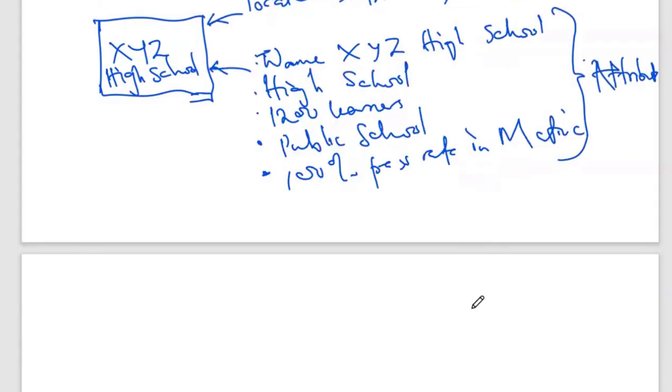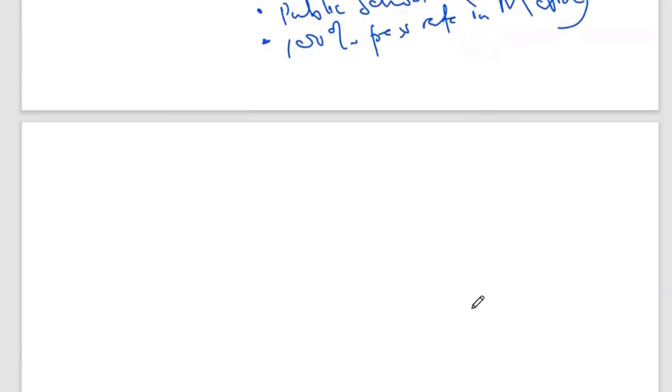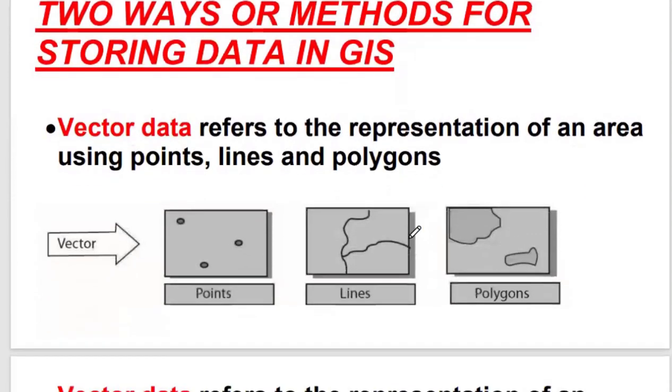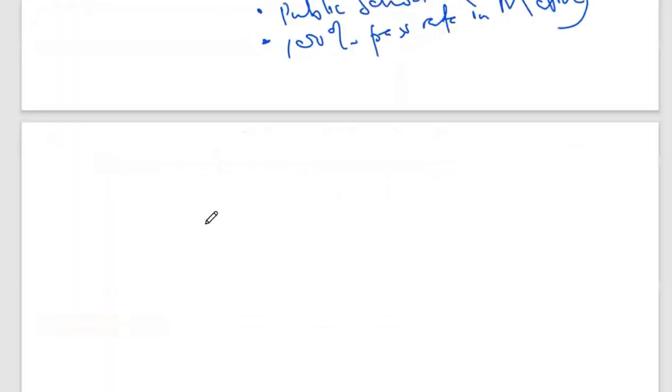Right, then we move on to the ways through which data is stored in a GIS system. Methods of storing data. Now we're looking at data storage in GIS, data storage and presentation.